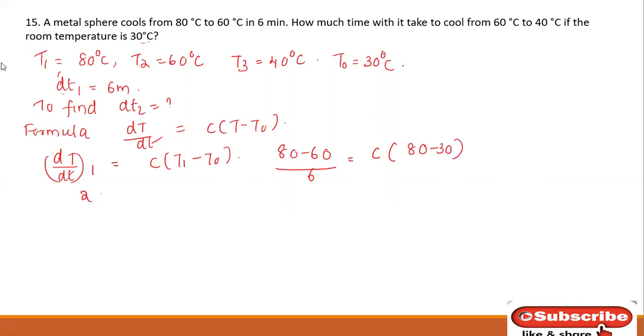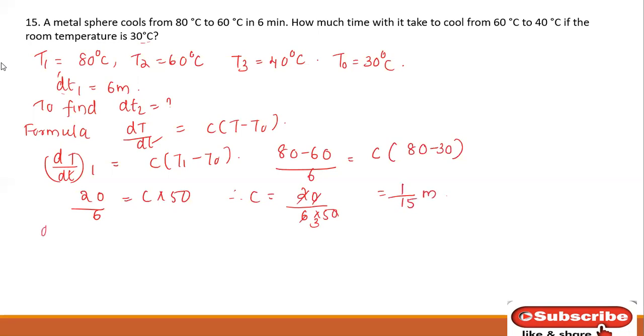That is 20 upon 6 is equal to C into 50, or C is equal to 20 upon 6 into 50. 0, 0 cancelled. 2 upon 30, or 2 and 6 will get cancelled. 3, 1 upon 15 will come. That is 1 upon 15 per minute.